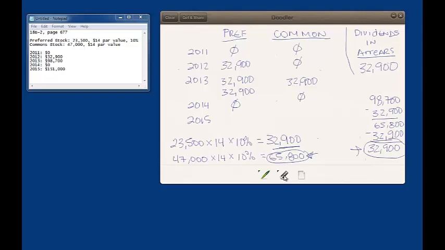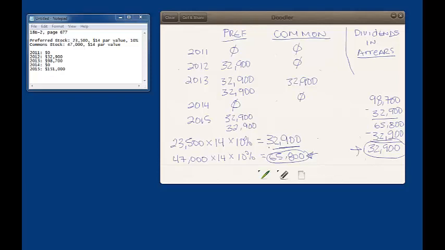So first, we pay the preferred stockholders the dividends in arrears, which is $32,900. Okay, so we've taken care of that. Now we move on to step one. So step one, in 2015, we give our preferred stockholders $32,900.